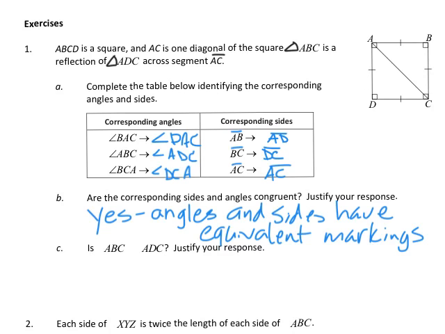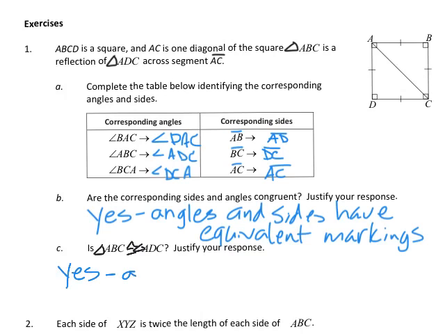So each little piece is congruent to the part that it's mapped to, which means that triangle ABC is congruent to triangle ADC. And that's because all the corresponding parts are congruent. The only thing that's happened is it's undergone a rigid motion, which is a reflection.